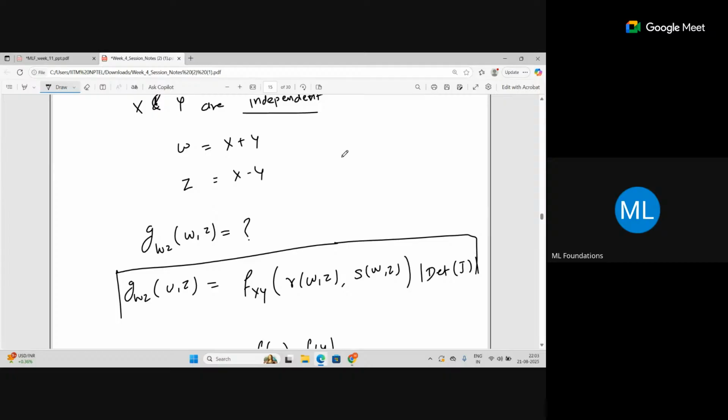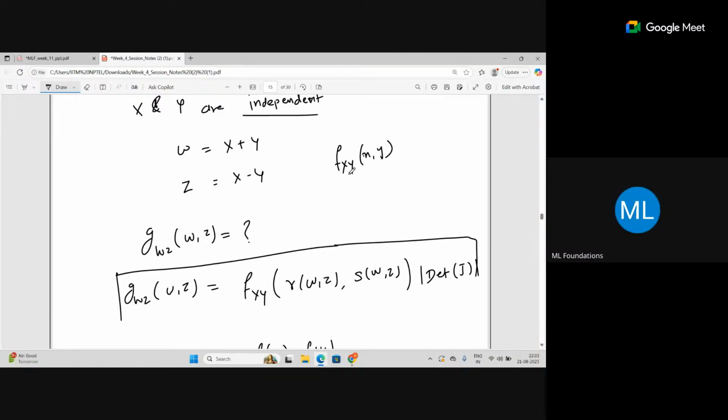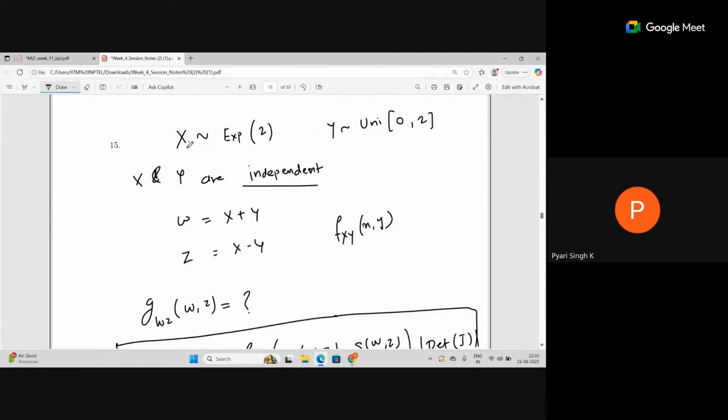Okay, what is known to me? I know this f of x, y, the joint density of x and y. How do I know that? Here x is this, y is this, and X and Y are independent. If they are independent, what is the joint density of x, y?